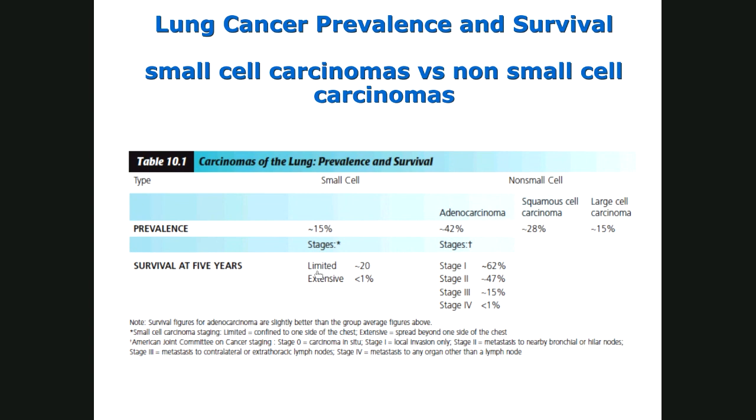But if it has spread, then it will be less than 1%. In the case of non-small cell carcinoma, the adenocarcinoma is the most common non-small cell carcinoma, and it depends on the stages of the spreading, if you will.